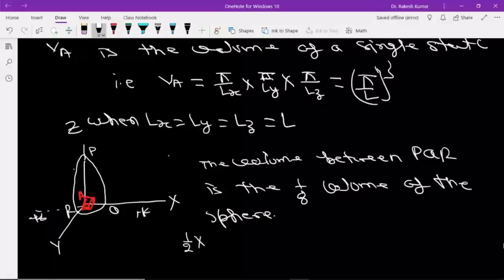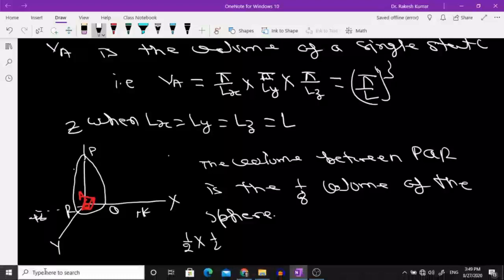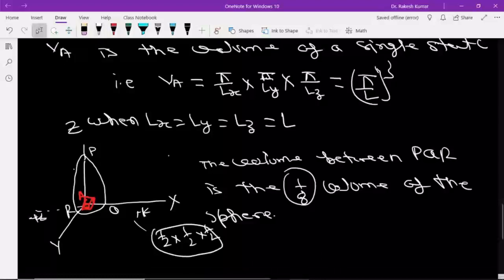For y direction there is also minus ky or plus ky. So by taking half of this, we get the actual number of states: 1 by 2 in x direction, 1 by 2 in y direction, and 1 by 2 in z direction.